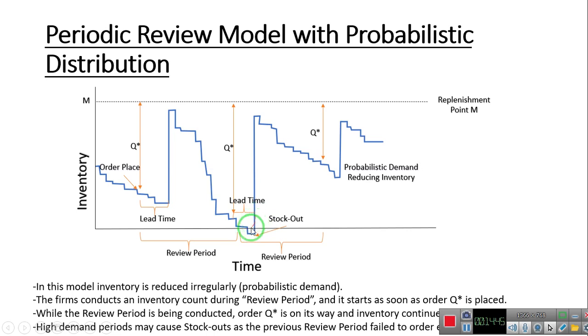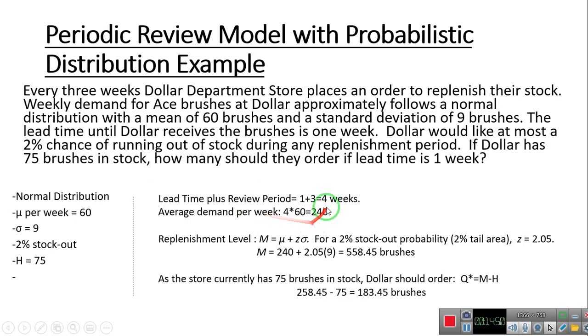So it's 3 weeks plus 1 week, 4 weeks. The average demand per week is 60. So for those 4 weeks, that means 240 brushes are going to be sold during this lead time plus review period.